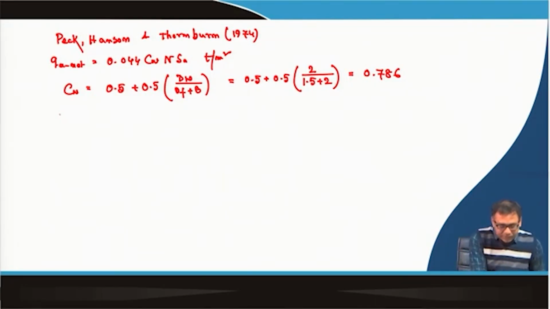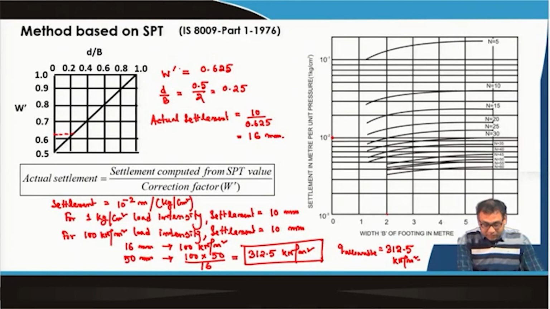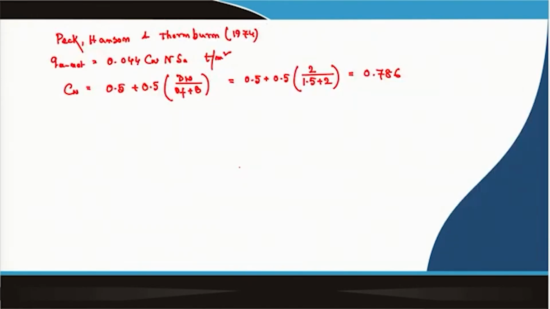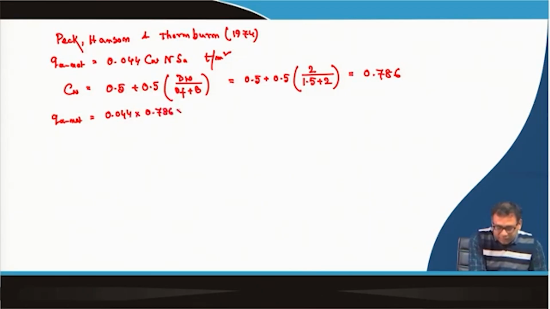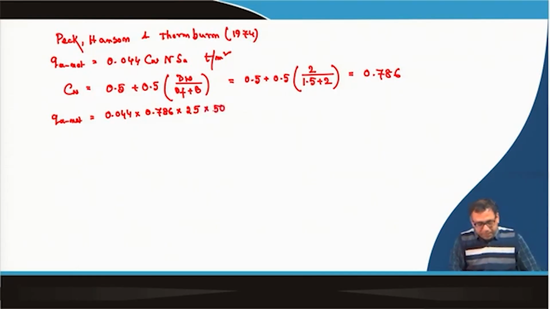Okay. So, now because here settlement is there, permissible settlement, and the previous case also had permissible settlement, the influence zone will be twice B, and the n value will be 25, because for settlement consideration n value is 25. So, Q allowable net will be equal to 0.044 into 0.786 into n, which is 25, into 50.